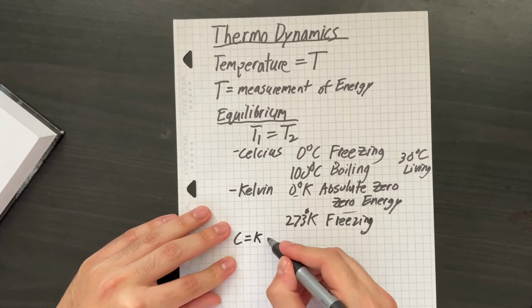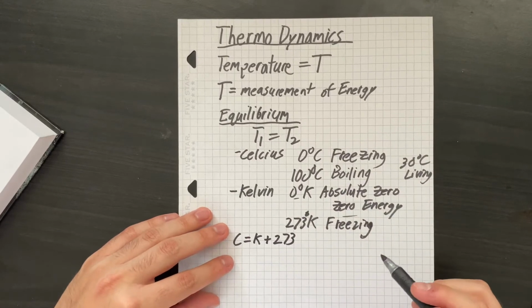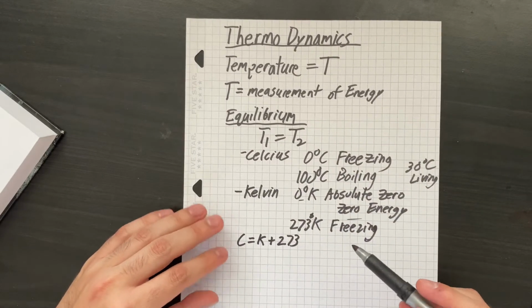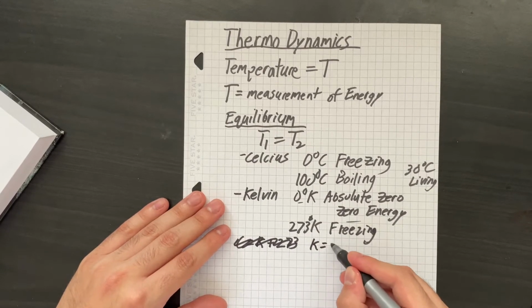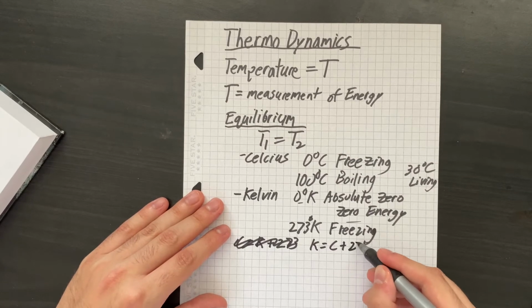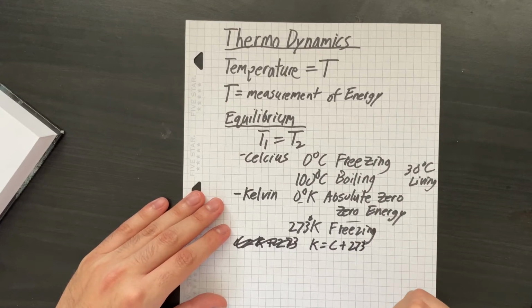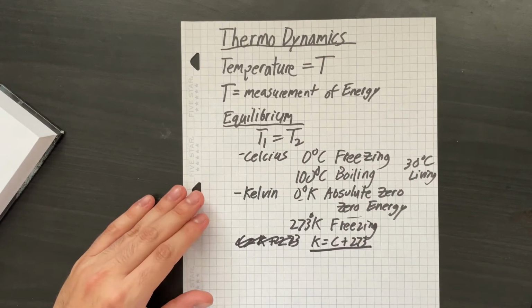Oh no, I got that backwards. Kelvin equals Celsius plus 273. That's what it is.